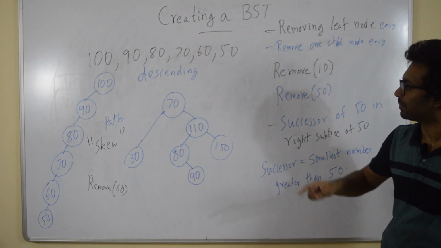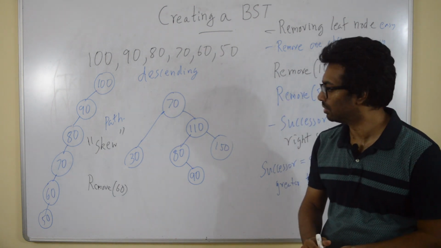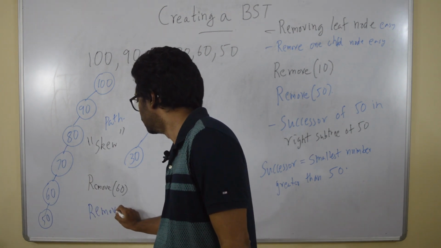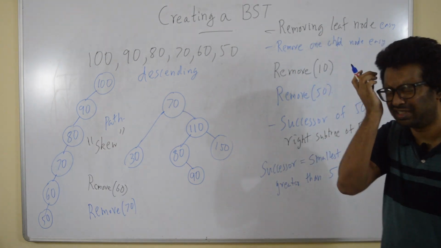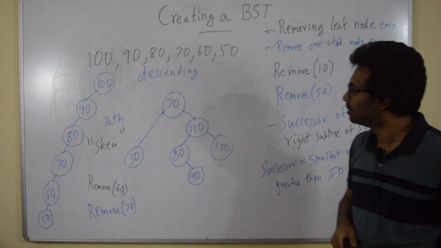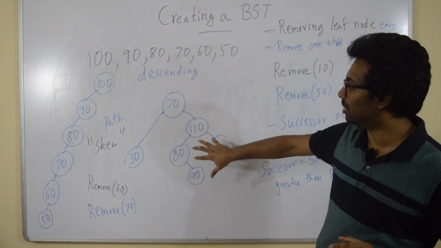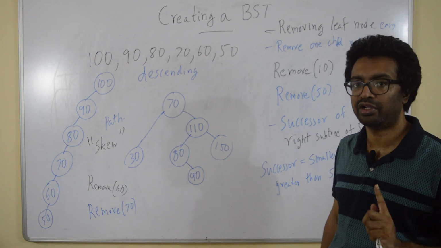Let's look again. I want to remove the number 70. What is 70? 70 is the root. I have to find out the successor of 70. Where is the successor of 70? The successor of 70 is this 80 in the right child. Now you should tell me, how did I find the successor?